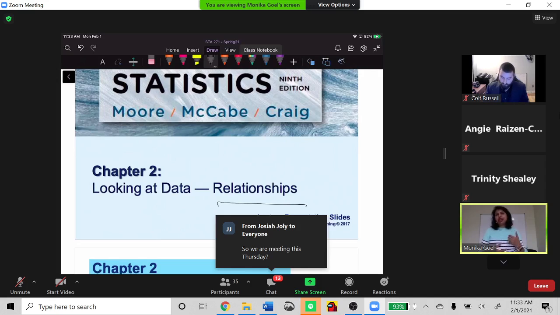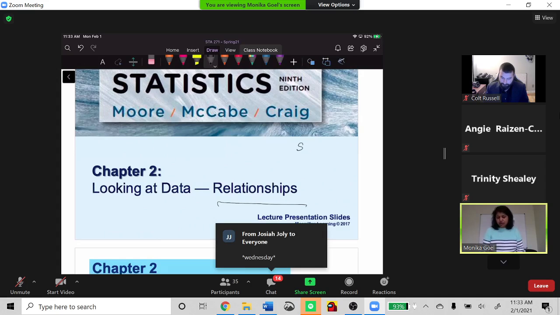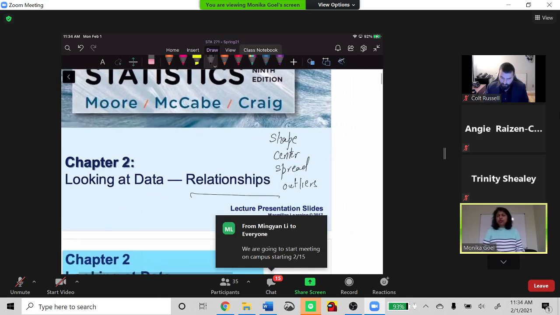What is the shape of that distribution? If the shape is symmetric, what should I take as the center? So we talked about these 4 things: shape, center, spread, and whether there are outliers in your data set. We look at these 4 things and then we work on it.